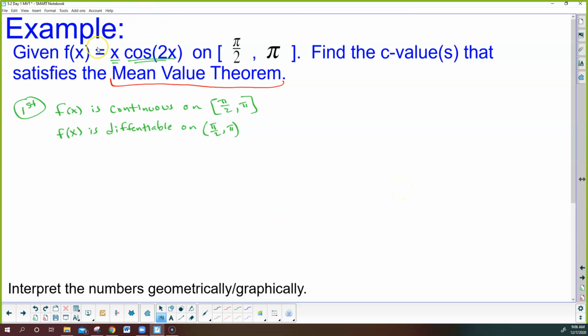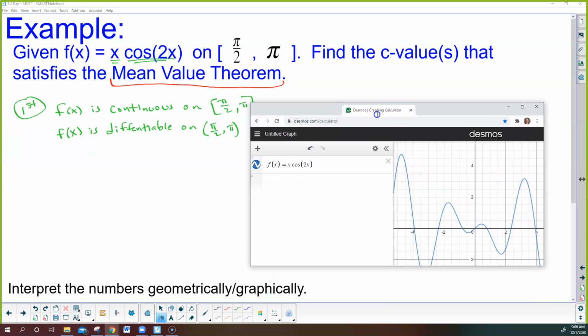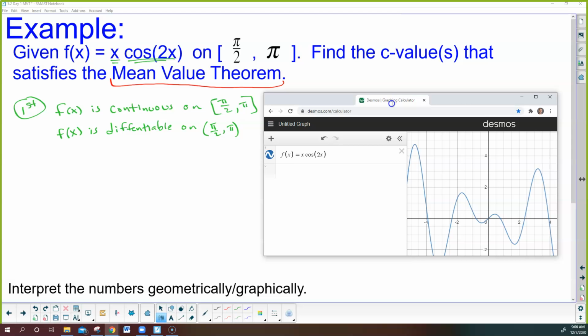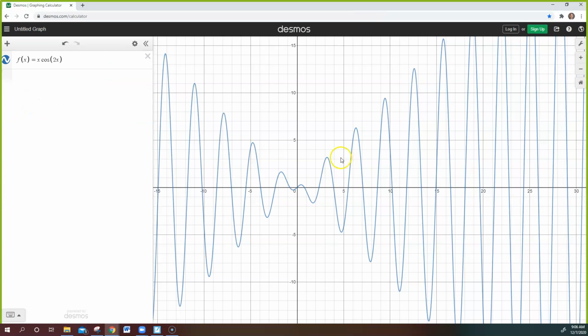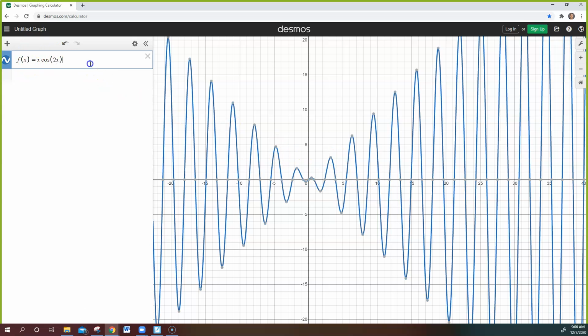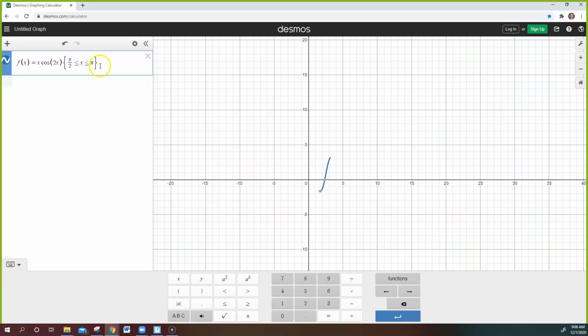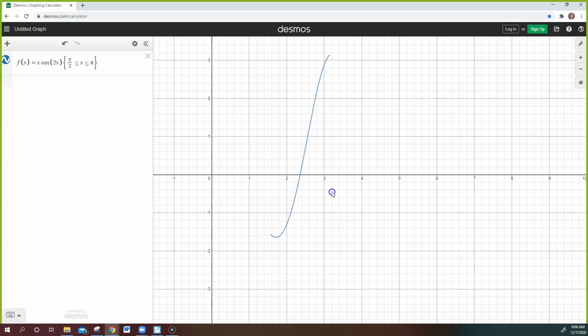Now you might be thinking, Strab, I don't know if I trust you on that. Let's check. I just graphed this, even though eventually you're going to do this without a graph. Let me just show you what this graph looks like. So this is the graph of x times cosine of 2x. But we have a restriction on it. We have it from pi over 2 to pi. So here's my graph.